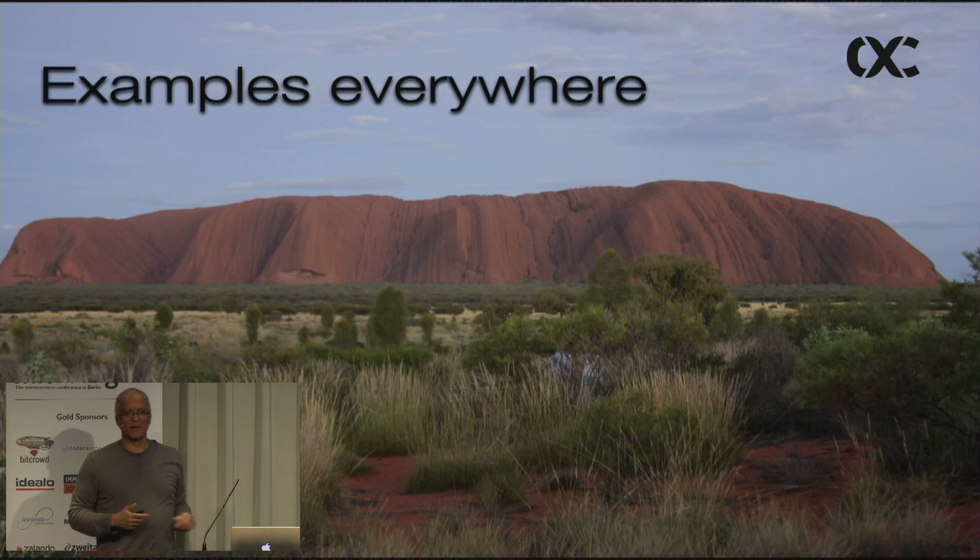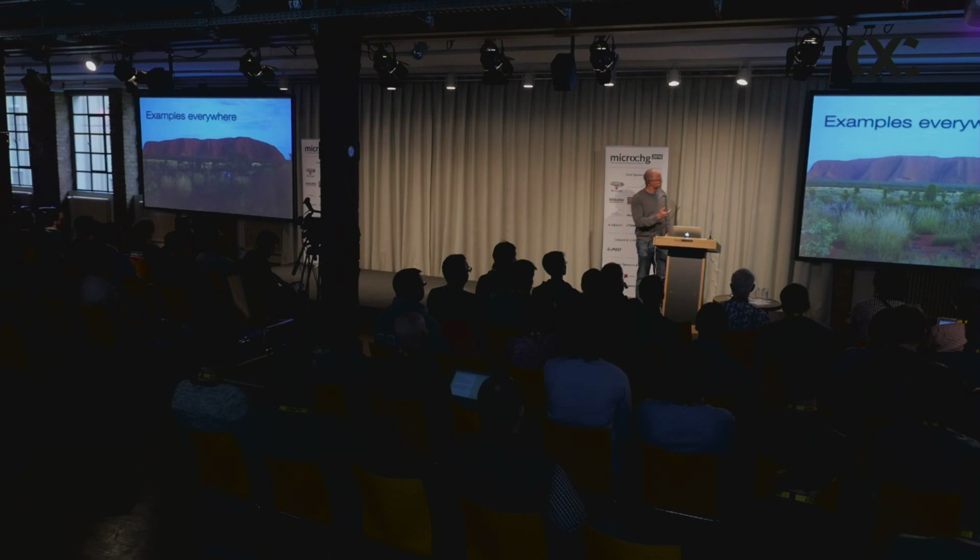Anyone know where this is, by the way? Yeah? Exactly. It's Ayers Rock in Australia. It's in the middle of the Australian outback, like 1,000 miles from anywhere. Beautiful place.